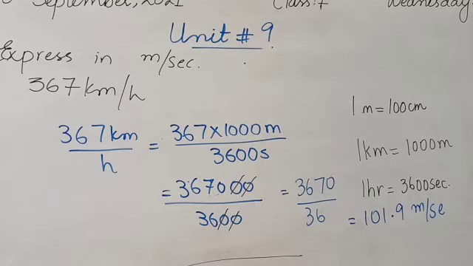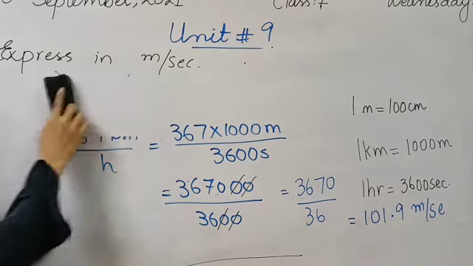Okay? So kilometer to meter, the conversion factor is multiplied by 1000 and we know that 1 hour is equal to 3600 seconds. Multiply, divide and then simplify and write your answer in meter per second.